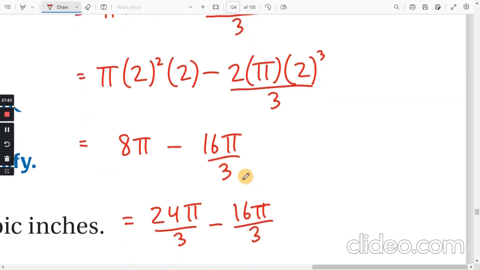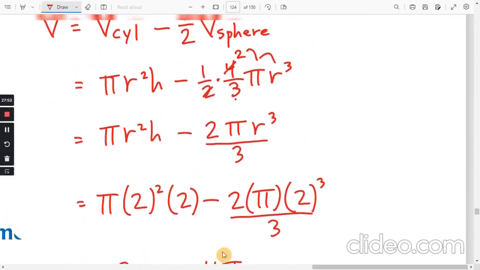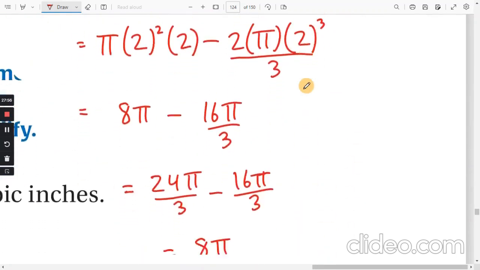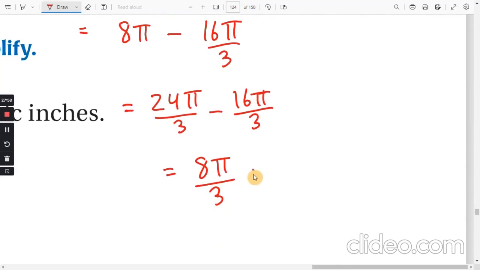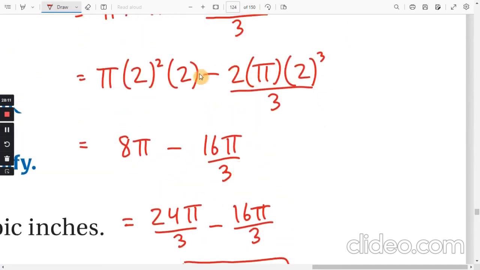Okay, so 24 minus 16 is 8. We still have pi, and we still have a 3 in the denominator. The units were in inches, but for volume, inches gets cubed. So that's going to be inches cubed. All right, this is a little bit tricky, but if you wanted an exact answer, that's what it would be. If you wanted to round off, you can just do this whole thing on the calculator, okay?